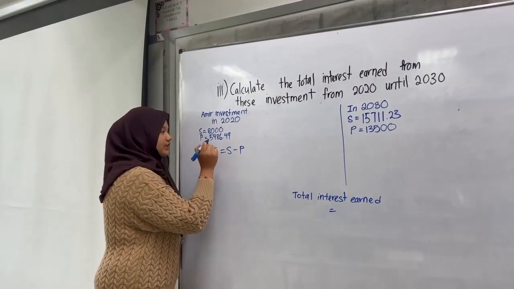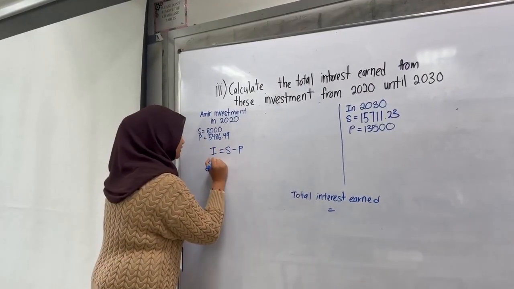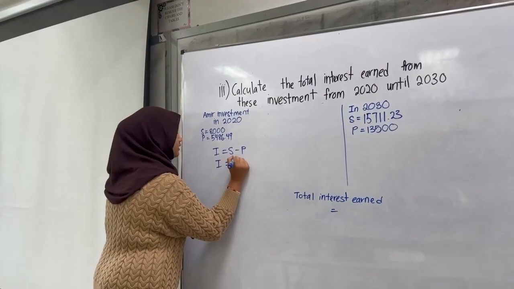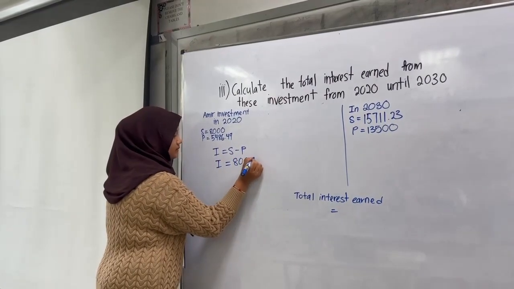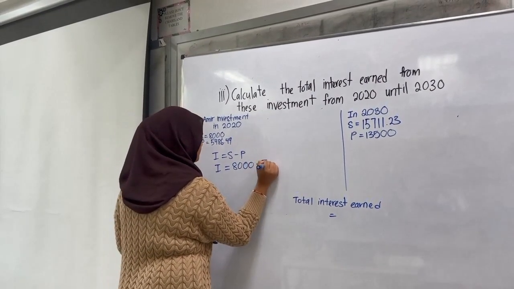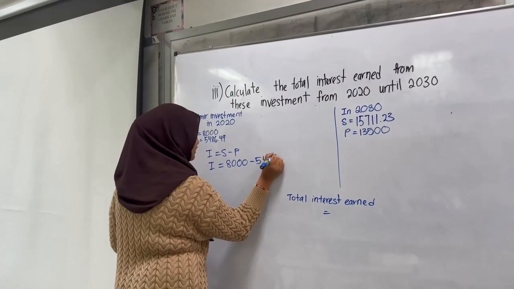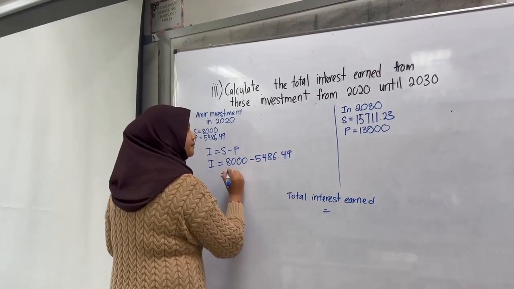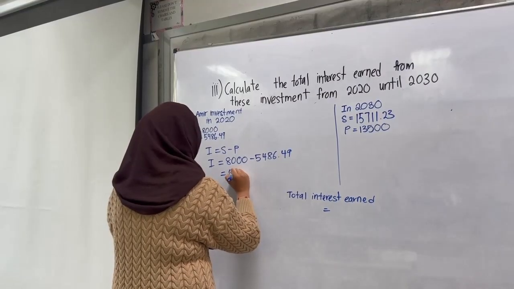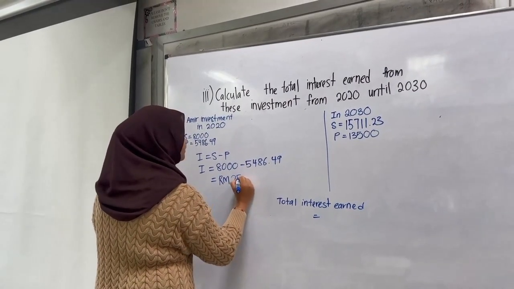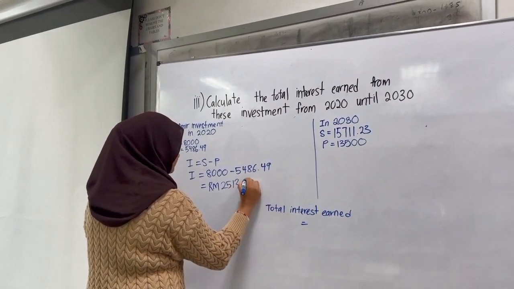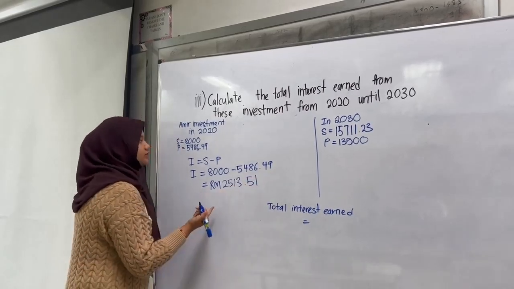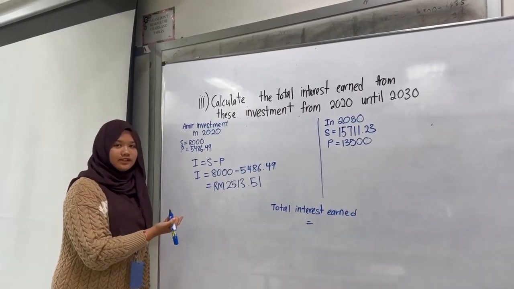So we're going to fill the S and P into the formula. This is the total interest in 2020.